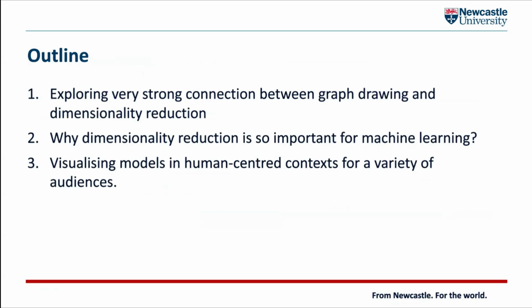So we're now going to discuss why that annotated bibliography on graph drawing is in the first paragraph on the first page of Geoffrey Hinton's t-SNE paper. That's section 1, where we're going to be discussing the strong connection between graph drawing and dimensionality reduction.